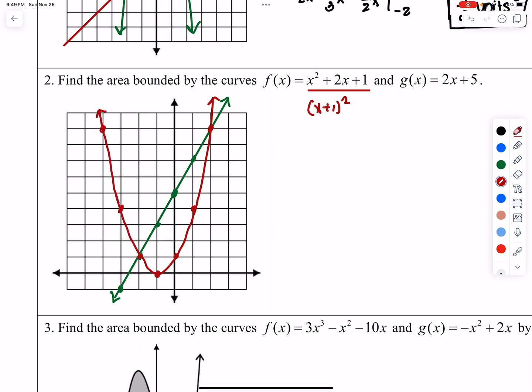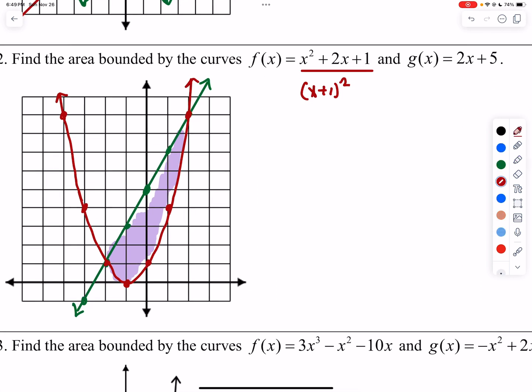All right, and then I'm going to find the area of this right here. Now, because we are slicing up infinitely many rectangles right here, from left to right, this means that I'm going to use my x values.